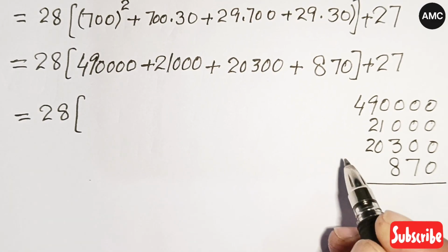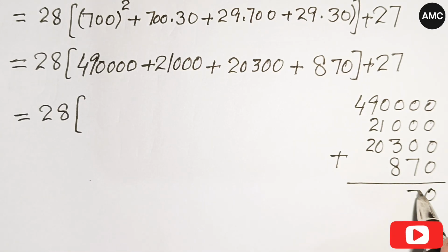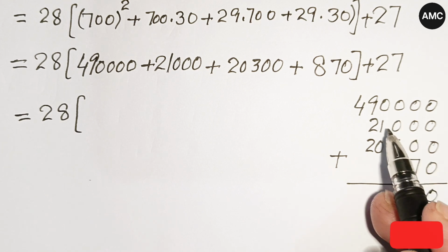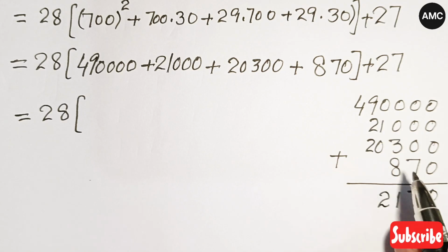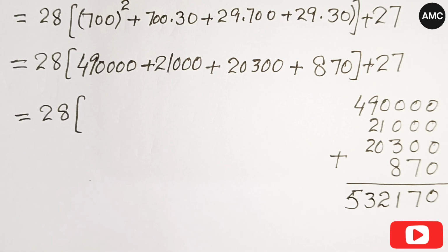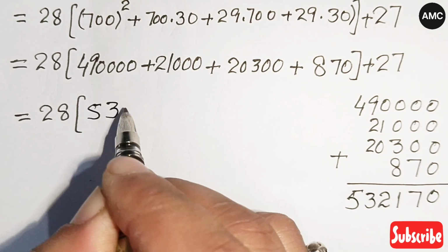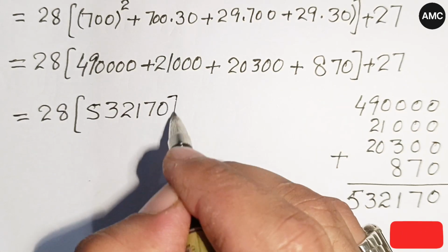Now adding all these numbers we get 0, and then 7, 8 and 3 is 11, 1 carry, we get 1 and 1 is 2. Here we have 9 and 4 is 13, 3 and 1 carry, 4 and 1 is 5. So we get 532170, and it is plus 27.